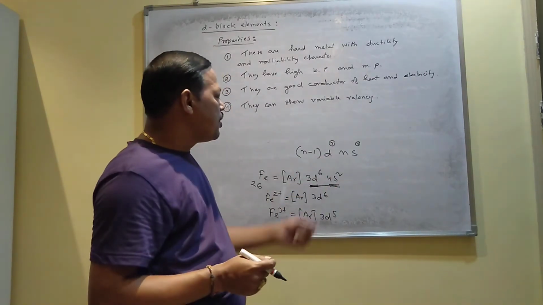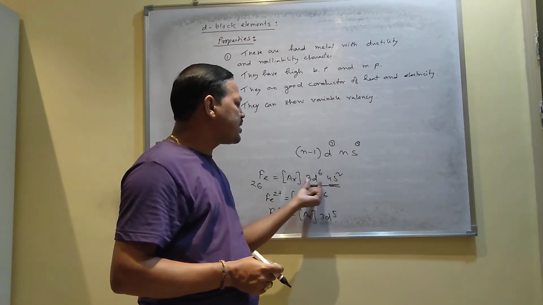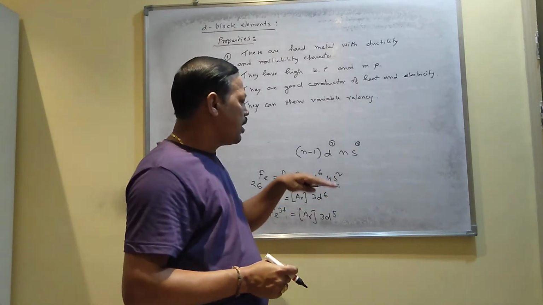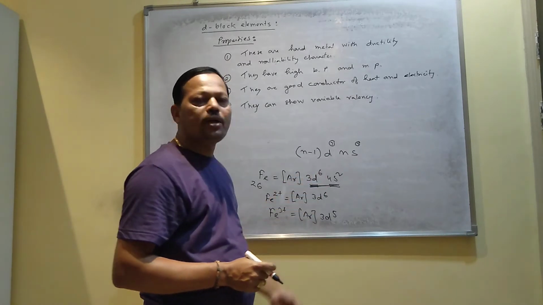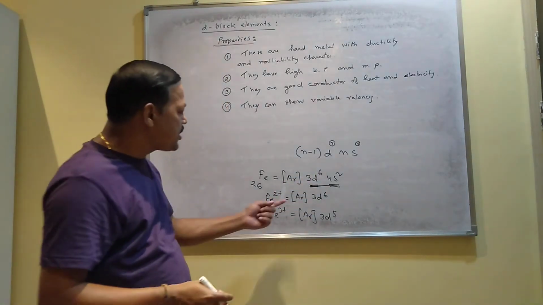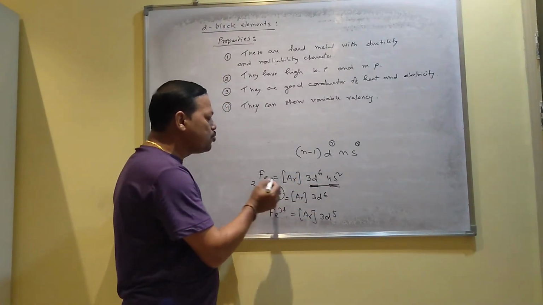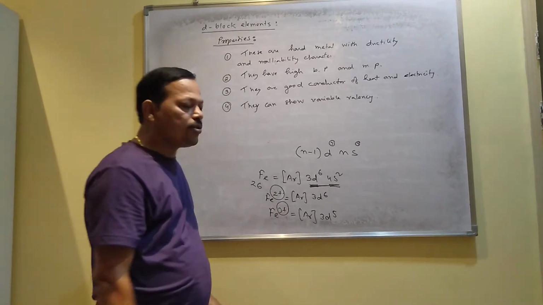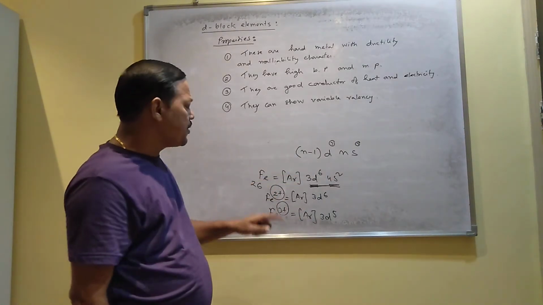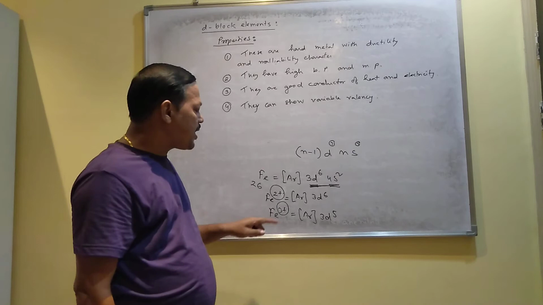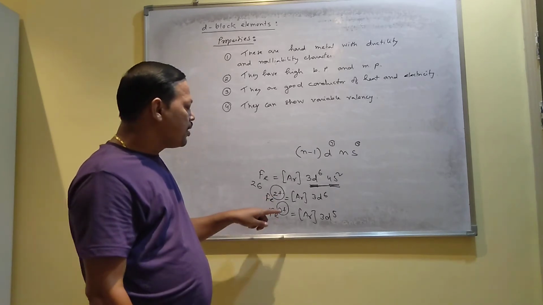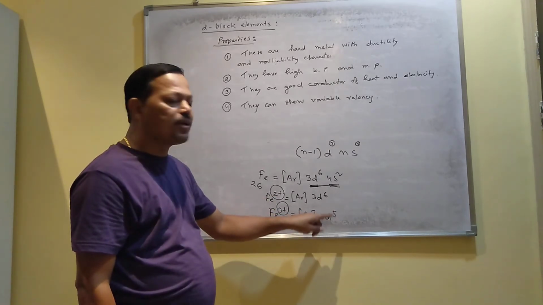So iron can show valency 2 and valency 3. Fe2+ is called ferrous, Fe3+ is called ferric. Ferric is stable due to the presence of a half-filled d orbital.